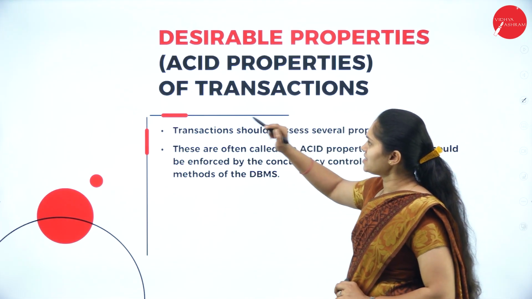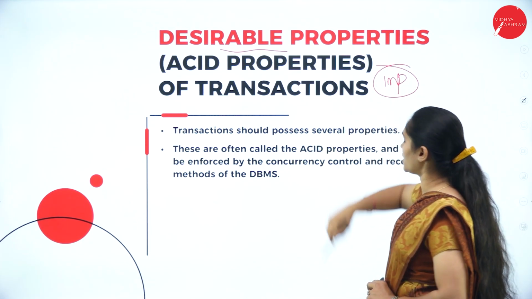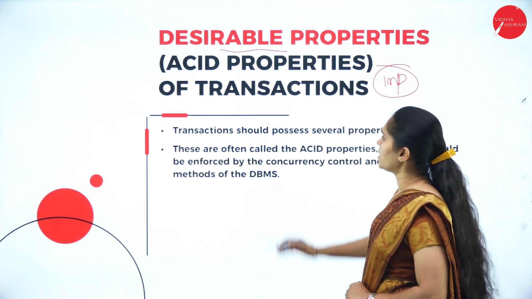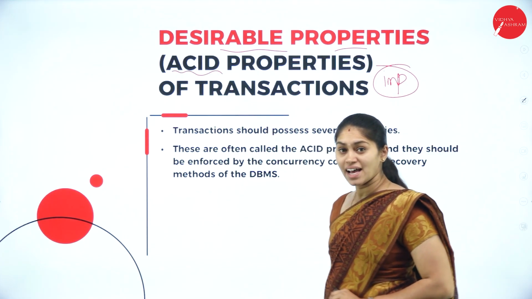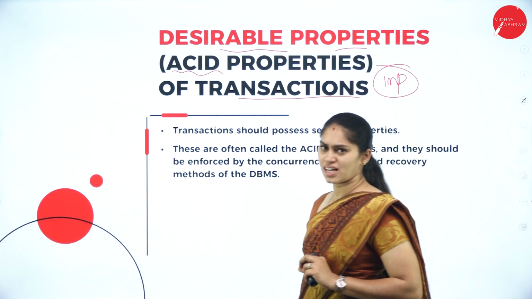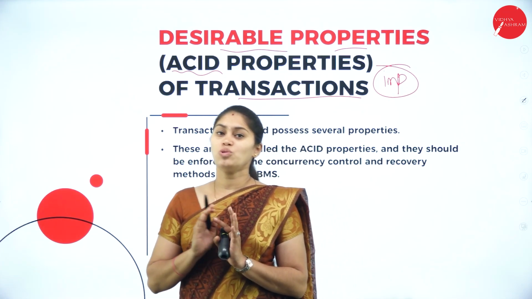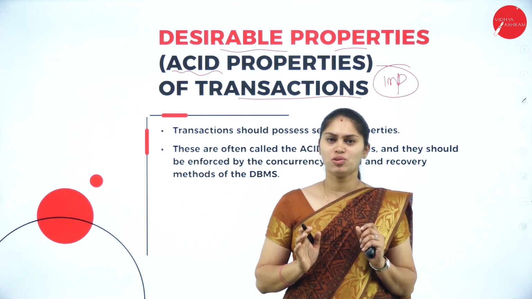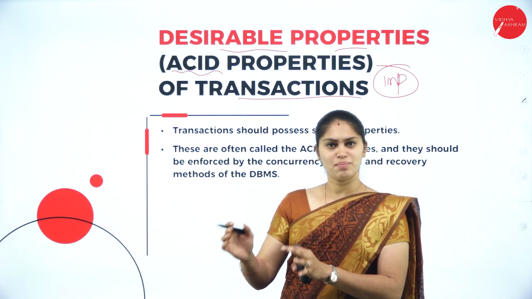Now we'll understand the next very important concept. You may expect this in your examination also. Desirable properties, which we call the ACID properties of the transaction. Whenever we are doing a transaction, it has to take place entirely, or it should not do anything. If I am sending money to someone else from my account, the transaction has to take place completely.